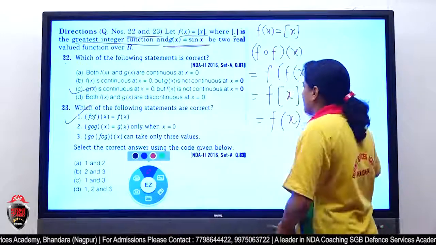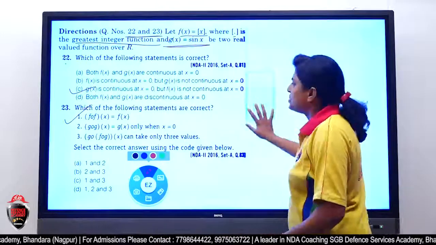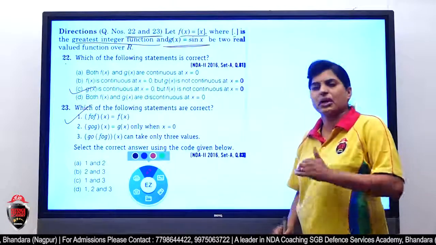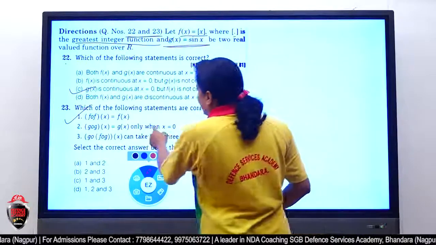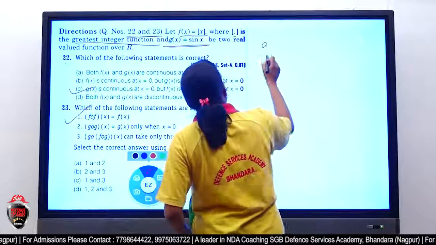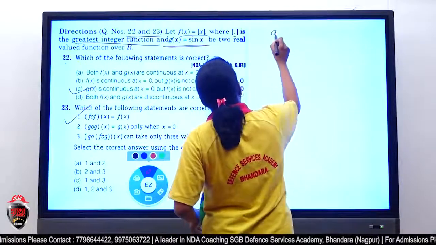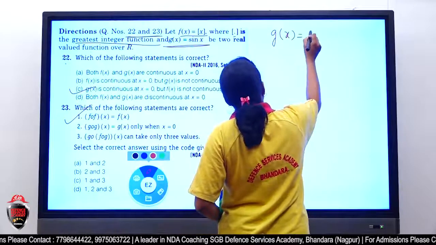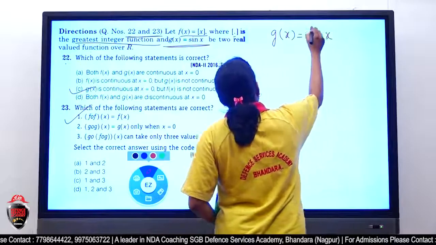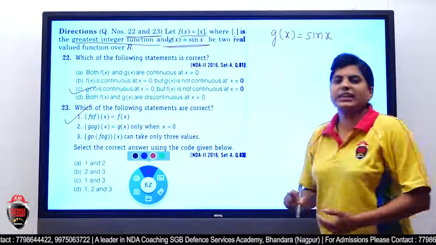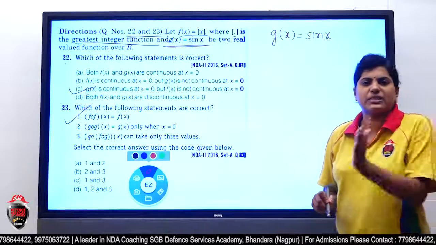Move to the second one, where g of x only when x is equal to 0. So see, g of x is equal to sin x, as given. And what is the value of g of x at x is equal to 0?